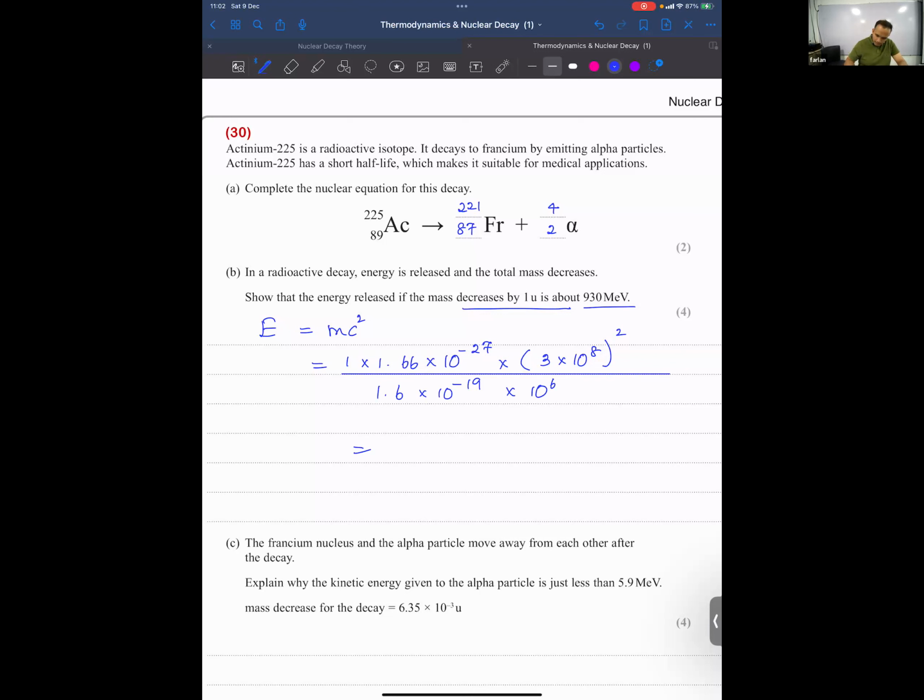It's 933.75 mega electron volts. So they have told about 930. Close enough. Okay.